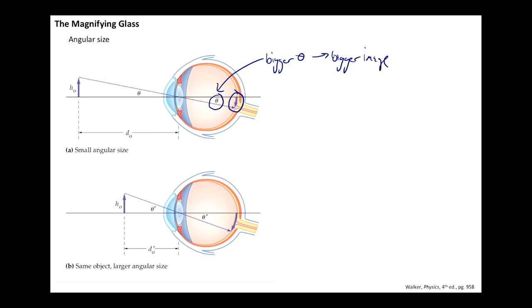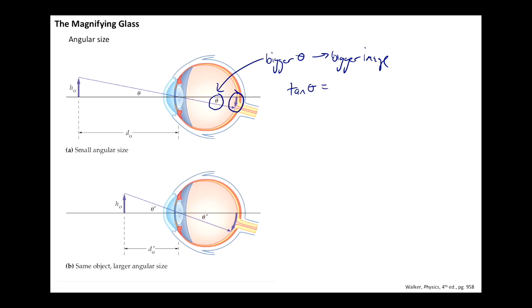If we look at the geometry of this particular problem, we could say that the tangent of theta is equal to what? Notice there's also theta there on the outside of the eye. Same angle. What's the tangent of that angle?